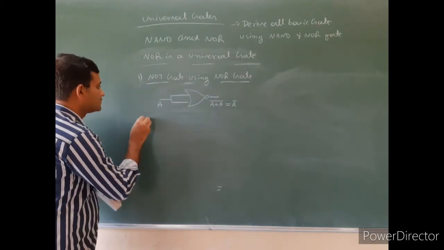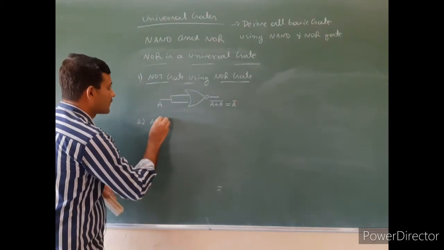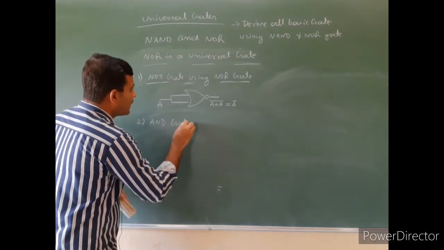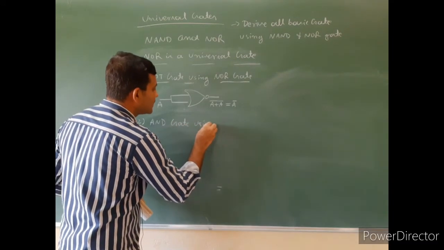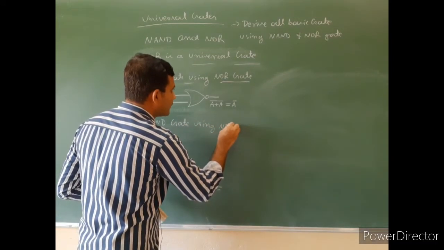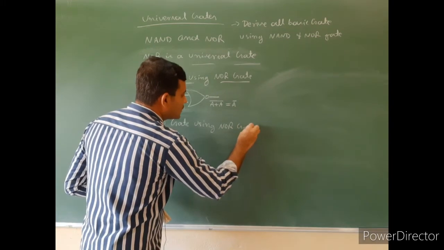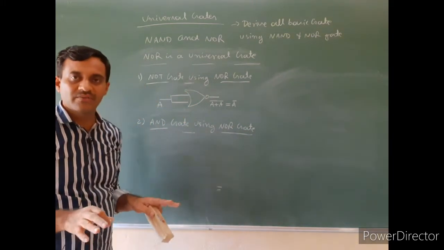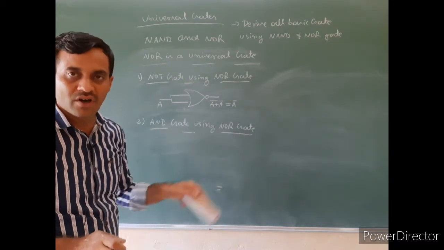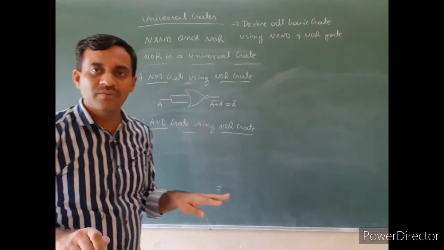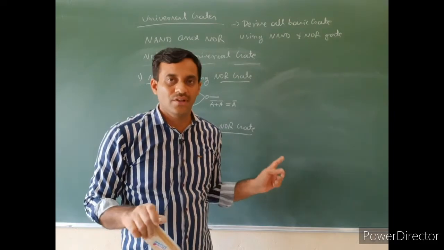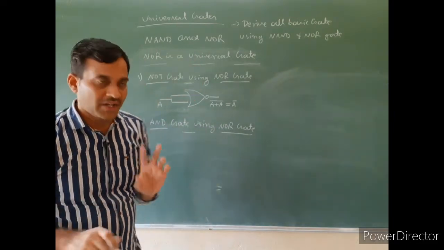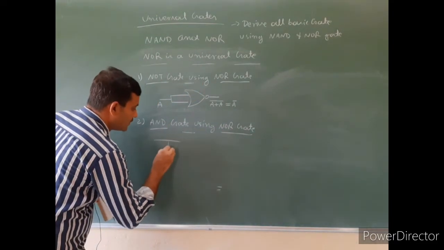Then the second one, the AND gate using NOR. There is no relation between the AND gate and the NOR gate. So, if there is no relation between AND and NOR, individually complement the inputs.